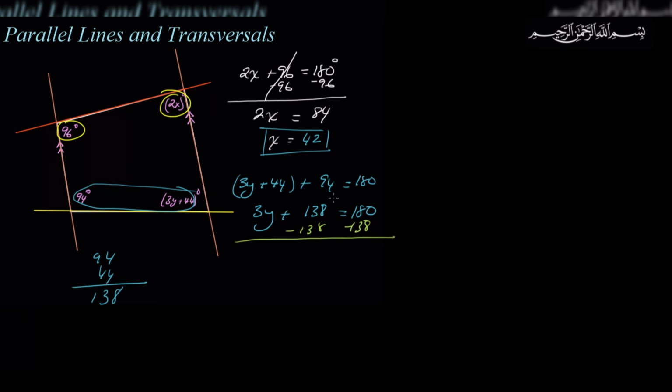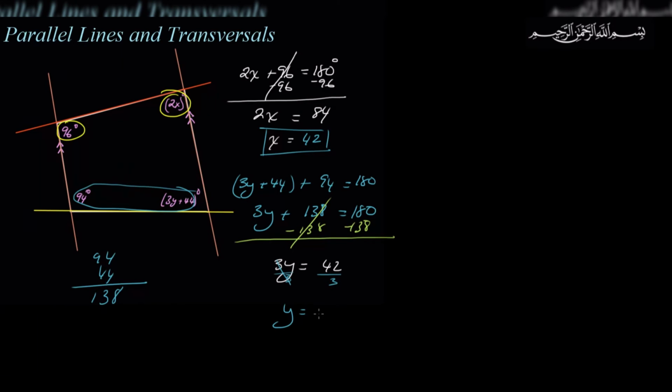I hope you check my math over here. So 3y is going to equal 42, I believe. Then I just have to divide both sides by 3 to solve for y. 3 divided by 3 is 1 last time I checked.